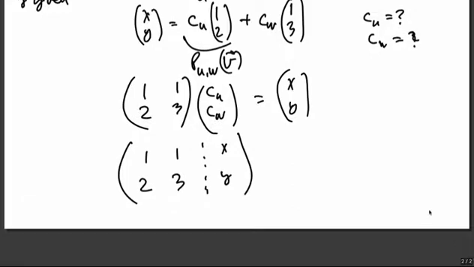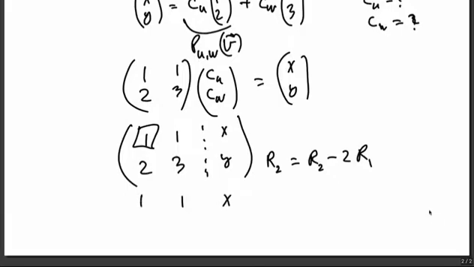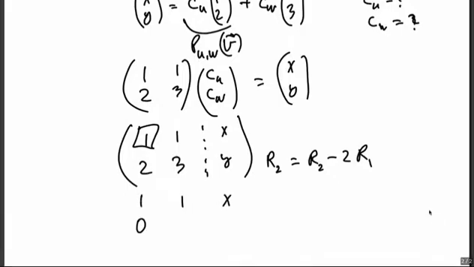How do we solve it? Using Gauss-Jordan elimination. This is the pivot now. Row 2 will be row 2 minus 2 times row 1. That means we get 0 here, 2 minus 2 gives 1, and this will be y minus 2x.